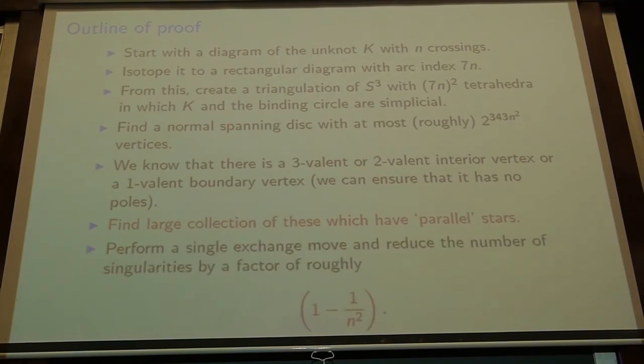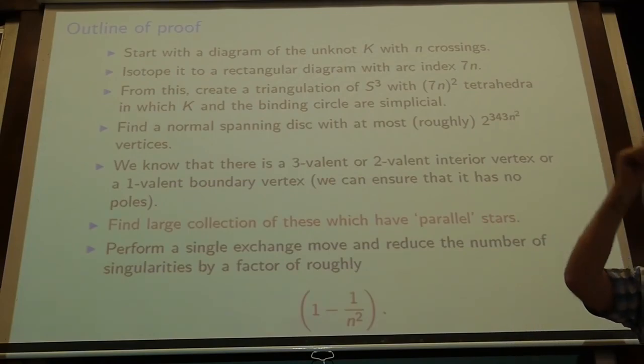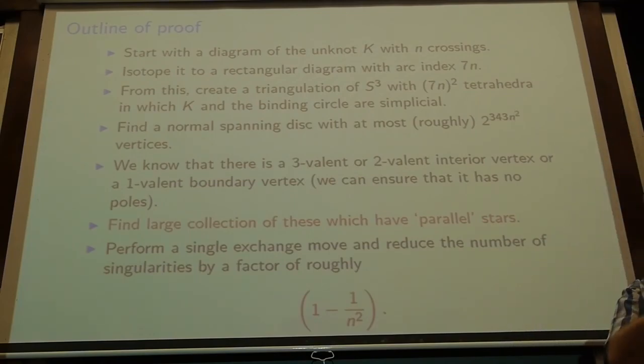And then what you do is, instead of decreasing the binding weight by just 2, you decrease it by a definite factor. If I decreased it by, say, 1%, then because I had exponential binding weight to begin with, say 2 to the n squared, if it was 1% each time, I would be able to get it down to no binding weight at all in about n squared steps.